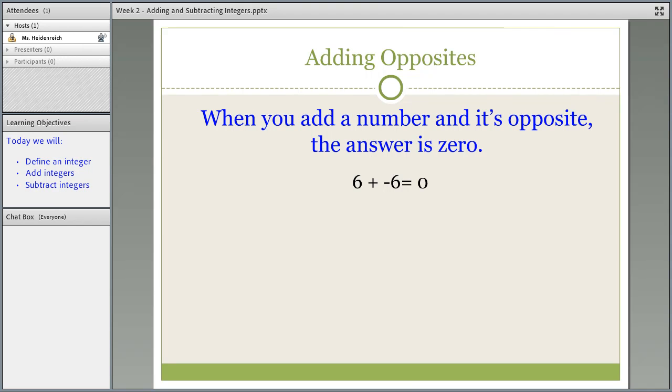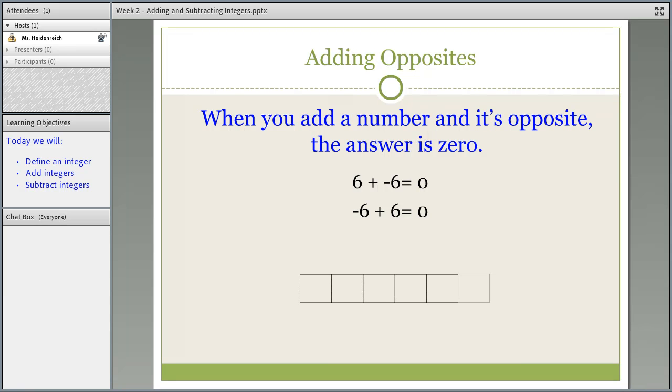It's like if you have $6, but you also owe somebody $6, you really have $0 once you pay the person back. And so that's really what it means to cancel out with positives and negatives. You could switch them around. You could have a negative 6 and then add a positive 6 to it, and you'll still get 0.